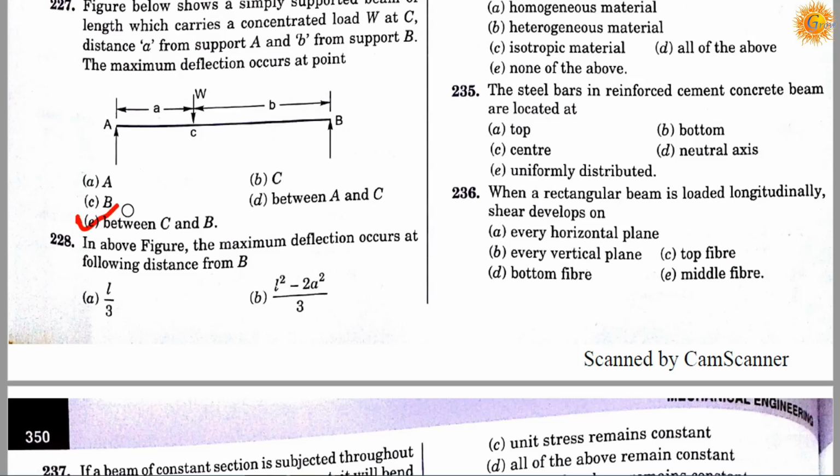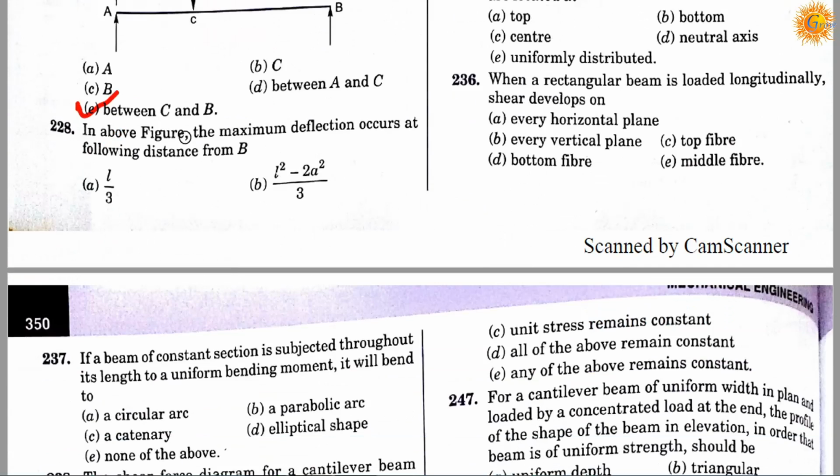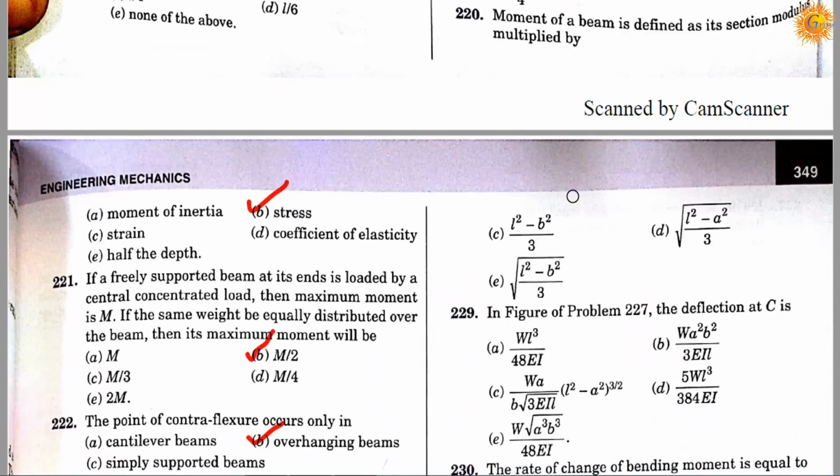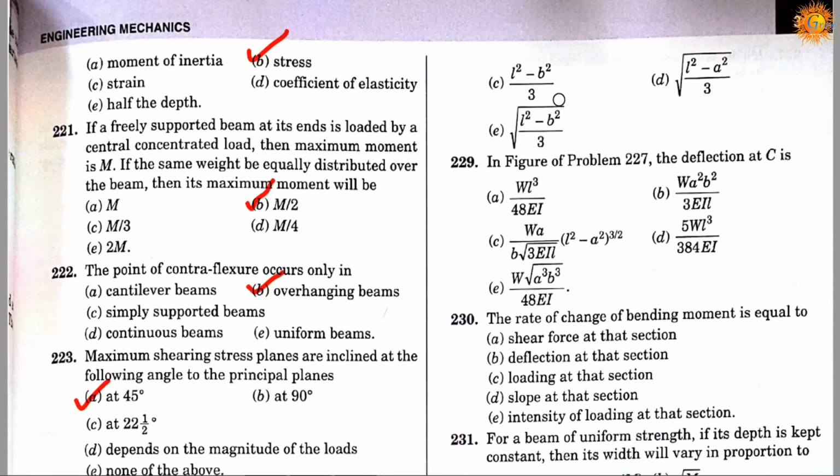Question number 228. In the above figure, the maximum deflection occurs at a following distance from B. Option A is L by 3, option B is L square minus 2A square divided by 3, option C is L square minus B square divided by 3, option D is under root of L square minus A square divided by 3, and option E is under root of L square minus B square divided by 3.